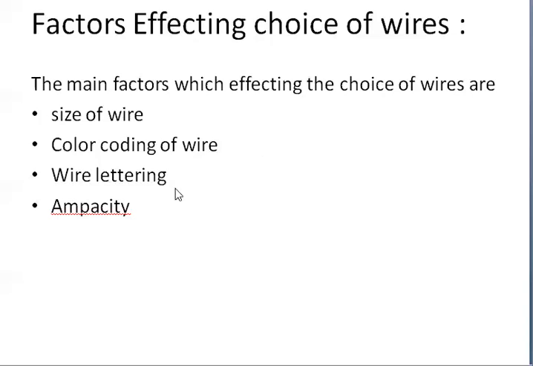And coming to the next one, that is wire lettering. The wire lettering represents the insulating material which is used for the insulation purpose. For example, if we use thermoplastic insulation, then that is referred to with the letter T, and if we use heat resistance, that is referred to with the letter H, and if we use high heat resistance, that is up to 194 degrees Fahrenheit, that is represented with HH.